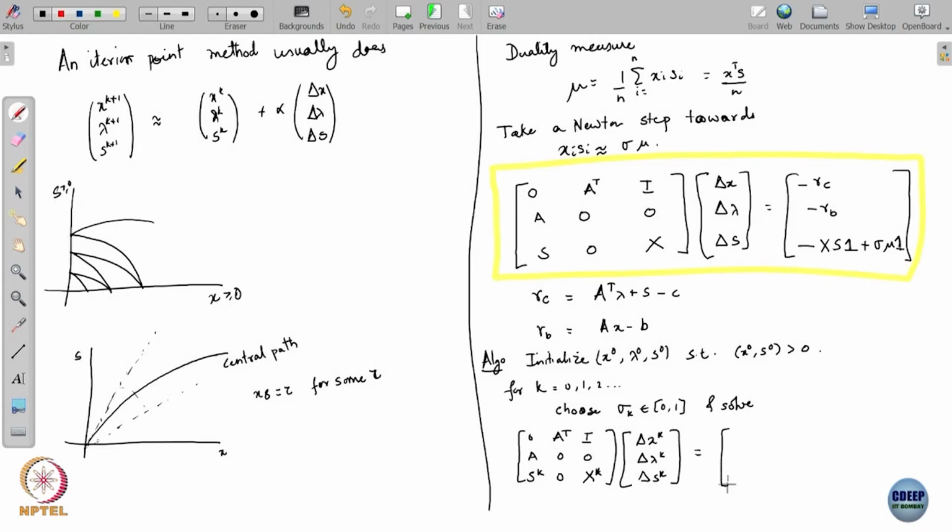equals minus R c k, minus R b k, minus x k s k times 1, plus sigma k mu k times 1, where mu k is simply the duality measure at step k.